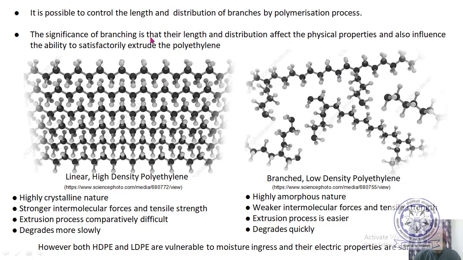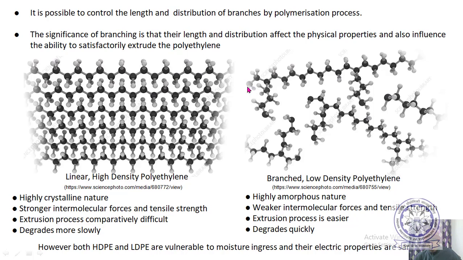So how much branching there is and the length of these branches determine the physical properties of the material, and they also affect the extrusion. Extrusion means the manufacturing of polyethylene insulation.